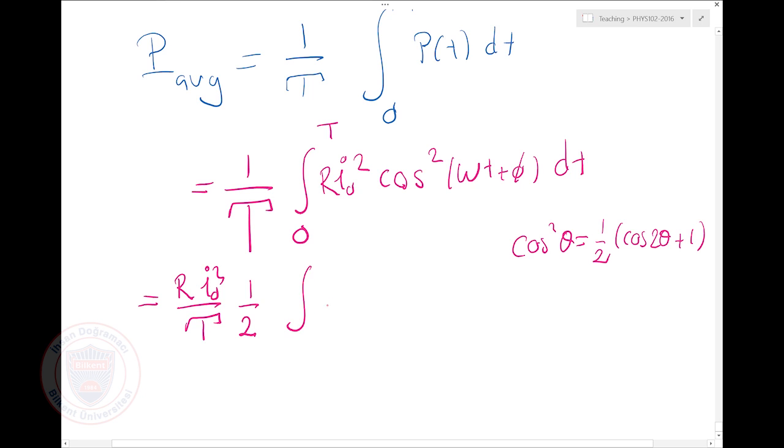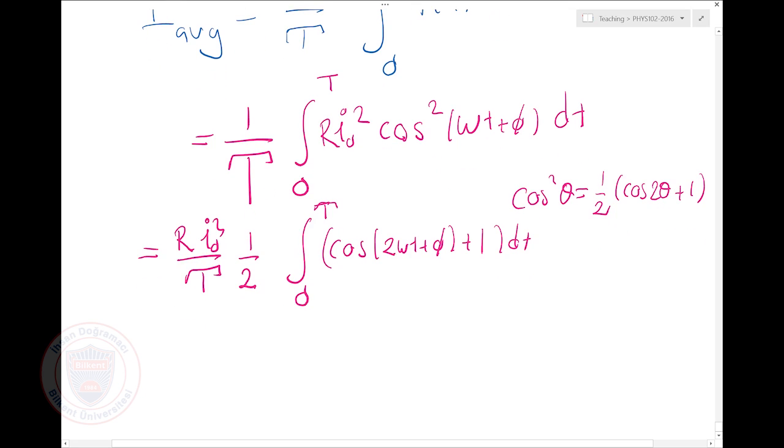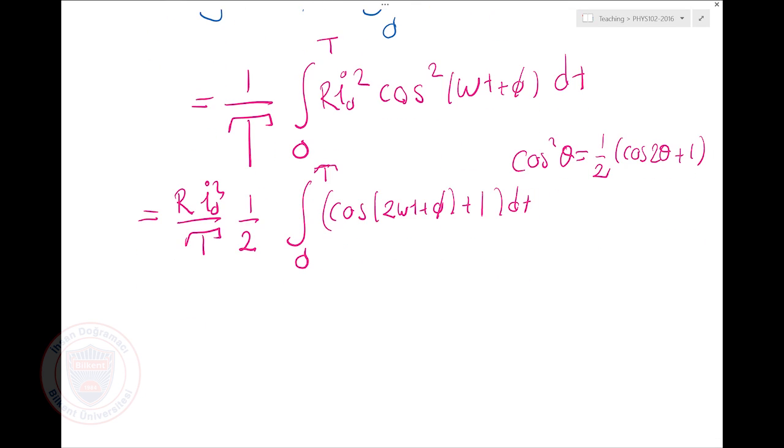Now, this integral is actually not too hard. I take 1/2 out. It's the integral of cosine (2 omega t plus 2 phi) plus 1, times dt, from 0 to the period.